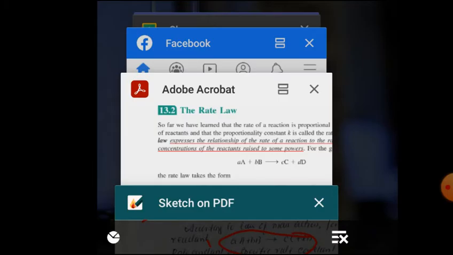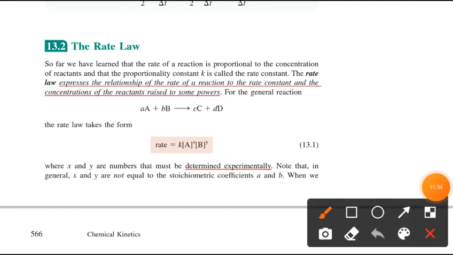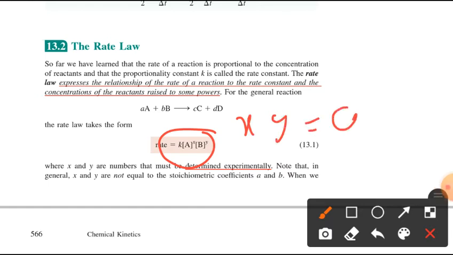Just check out in this rate law, we have written the coefficients as x and y, where x and y are coefficients. So when we sum these coefficients, these tell us about the order of the overall reaction.